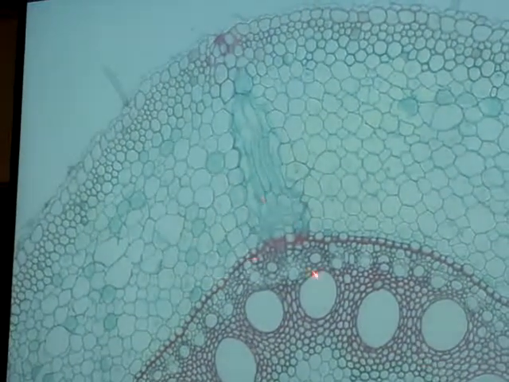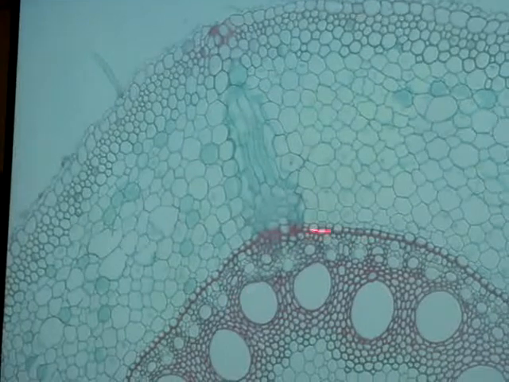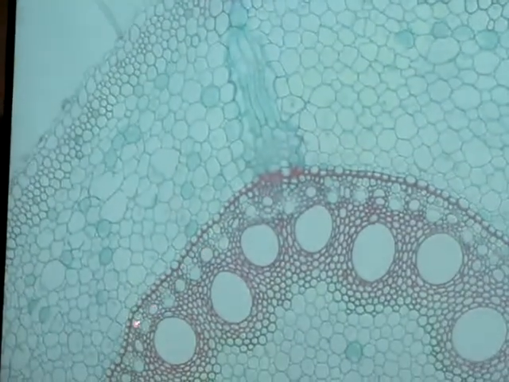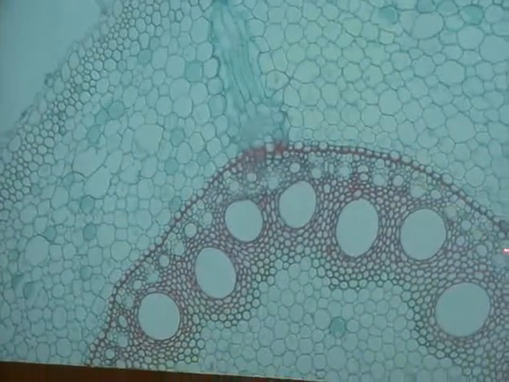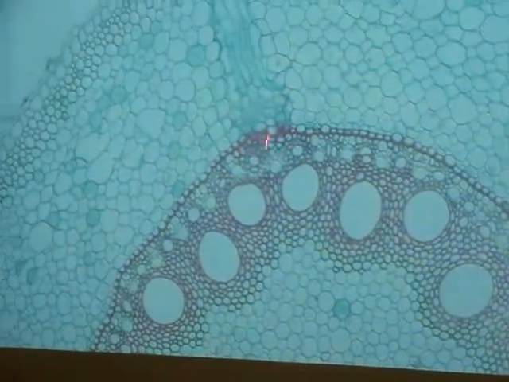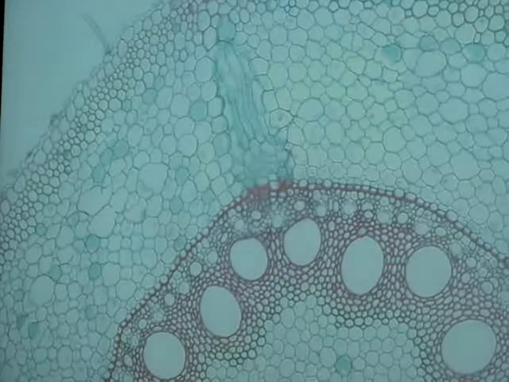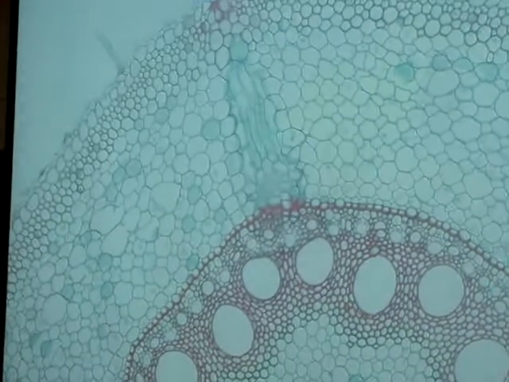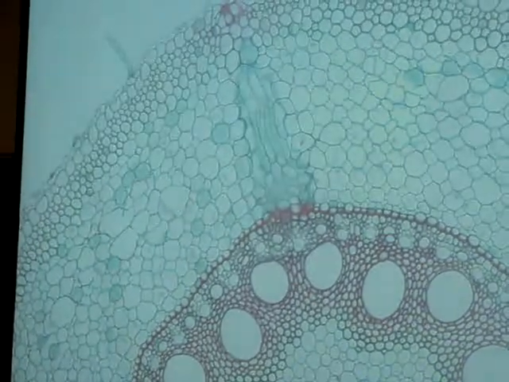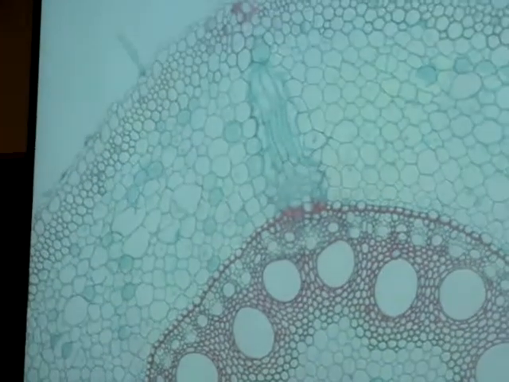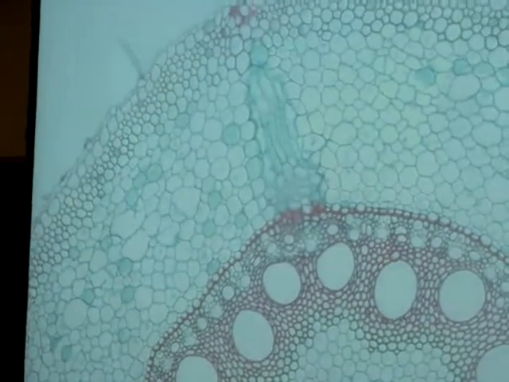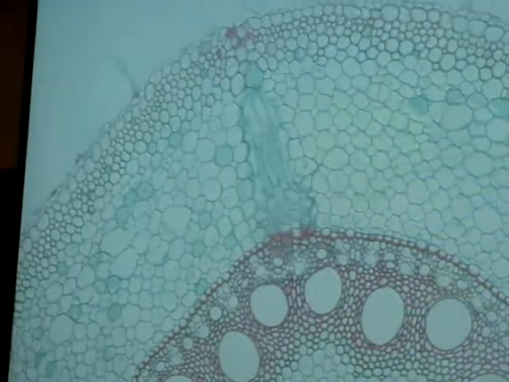Lateral roots typically emerge from right on the edge. The layer of cells directly under the endodermis is the pericycle that's giving you the lateral root. That's a bit weak. You're going to see it more exaggerated like you see on 66.